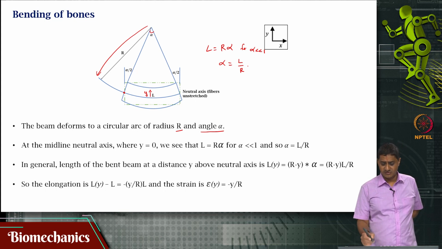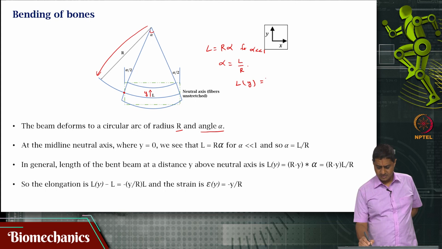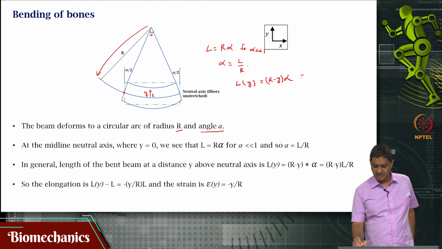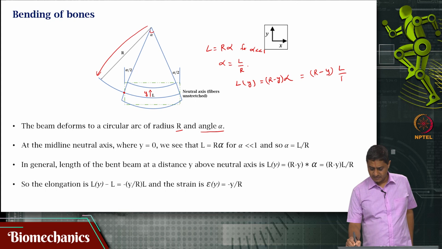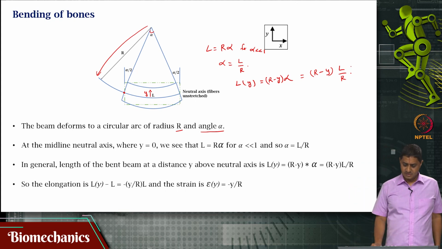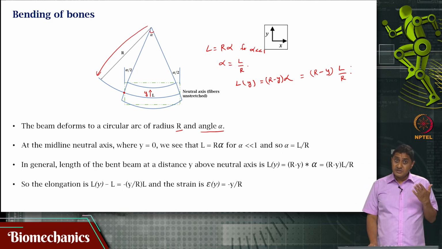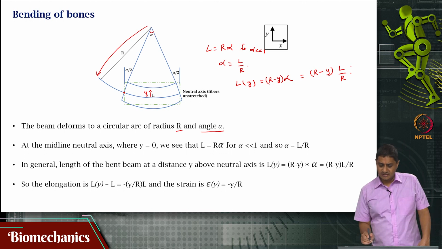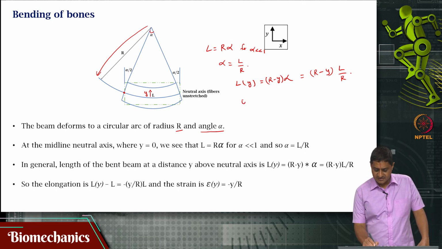First we will do the y above this midline, that would be L of y is r minus y times alpha. But then what is alpha? Alpha is L by r, that would be r minus y times L by r. But what was the original length? The original length was L.